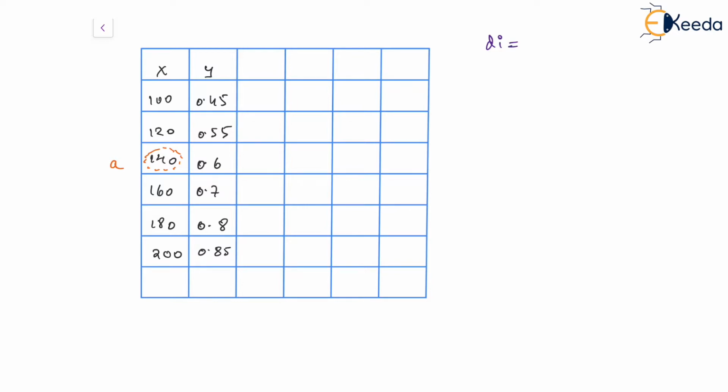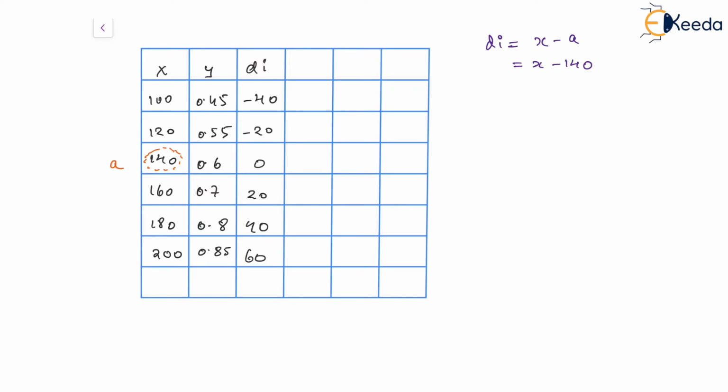So in that case, taking 140 as a, we form a table which will have the deviation di as x minus a, that is x minus 140. So the column di will be 0, 120 minus 140 will be minus 20, this is minus 40, 160 minus 140 will be 20, 40 and 60. Now we can again observe that this deviation di has a common factor, and that is 20.